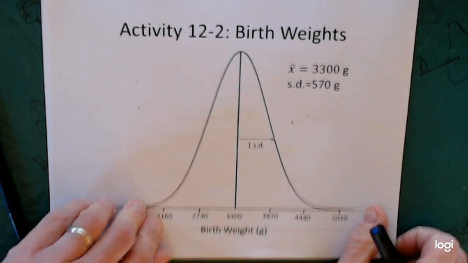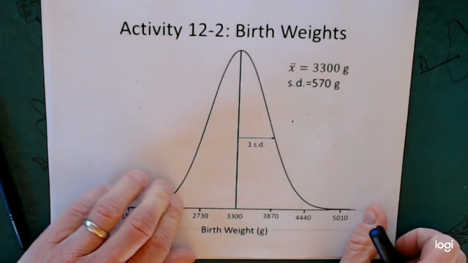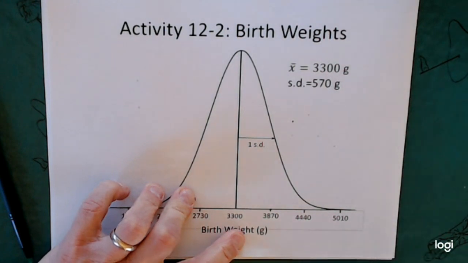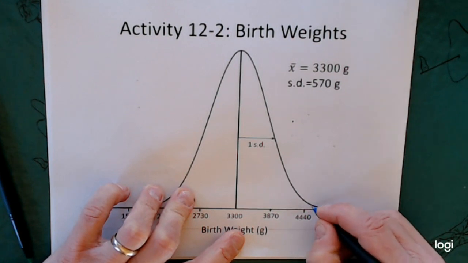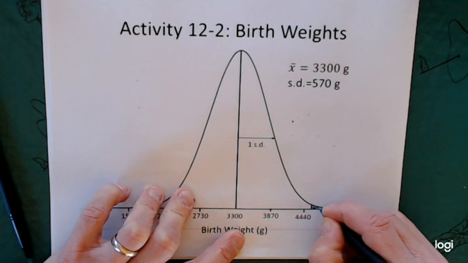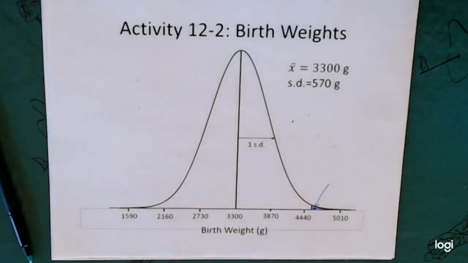The first thing I want to do is indicate that in my picture. So 4,536 is going to be somewhere up here, again, I'm not sure where. And we're talking about weights greater than that. So that little tiny area there is what we're talking about.